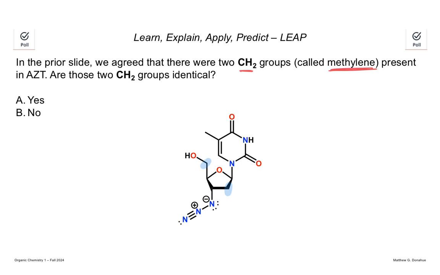You look to the left, the right, does it look the same? When you're standing here, that looks different, right? You have OH and then you have this carbon. When you're standing there, you have a carbon bonded to that. You look to the right, you have a carbon bonded to a nitrogen and oxygen. So when you do that test, you say, okay, those are different.